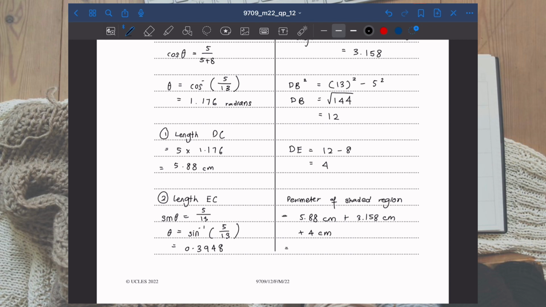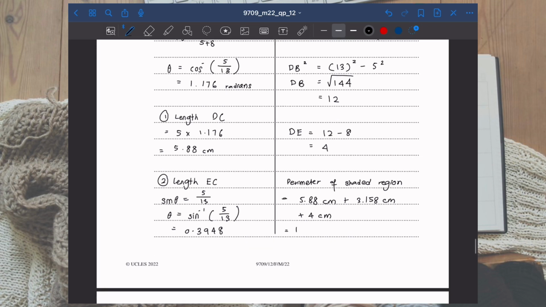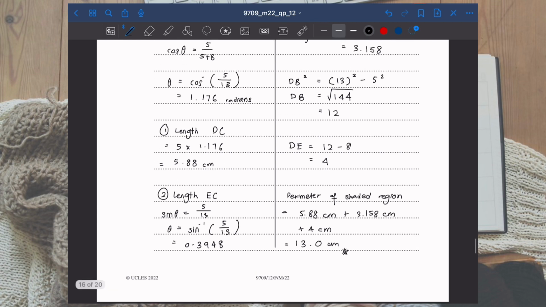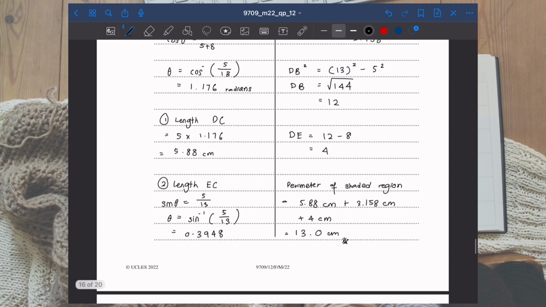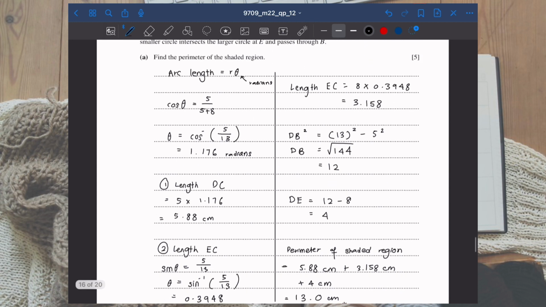And you'll get 13.004 centimeters. Actually, it's better to give it as 13.0 centimeters because we give our answers in 3 significant figures. So 13.0 centimeters. So that will be your answer for the perimeter of shaded region.